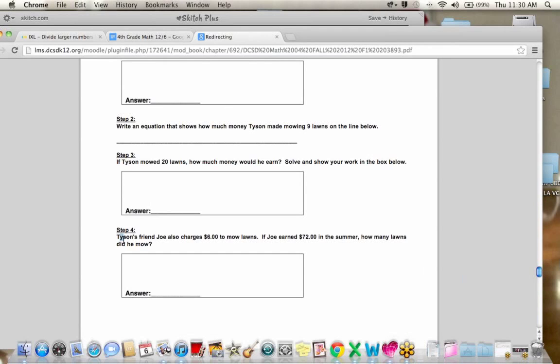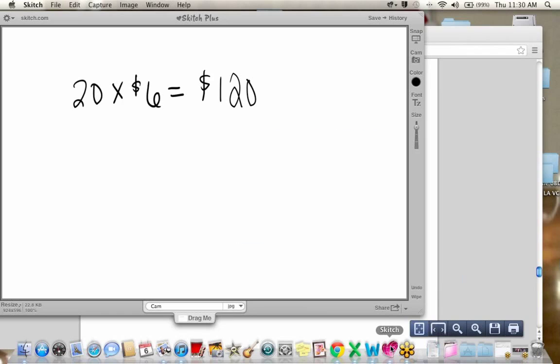Step 4. Tyson's friend Joe also charges $6. Joe earned $72 in the summer. So how many lawns did he mow? Now we're going to work with division. $72 divided by $6. How many lawns did he mow? What's 72 divided by 6? Go ahead and type it into the chat.